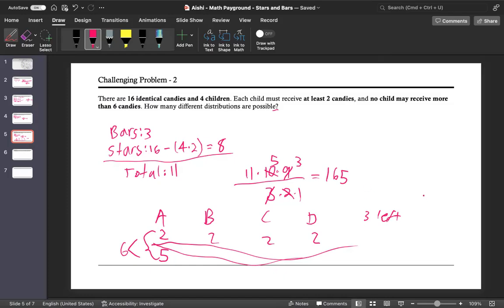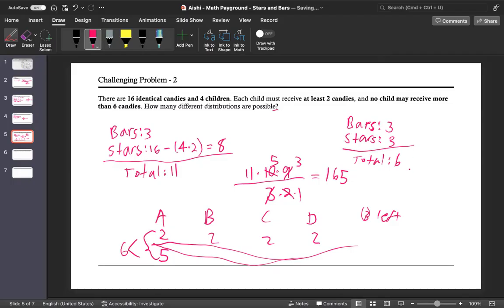So, wait, if I go up here, our bars would be 3. Our stars would also be 3 because there are 3 left. So our total is 6.